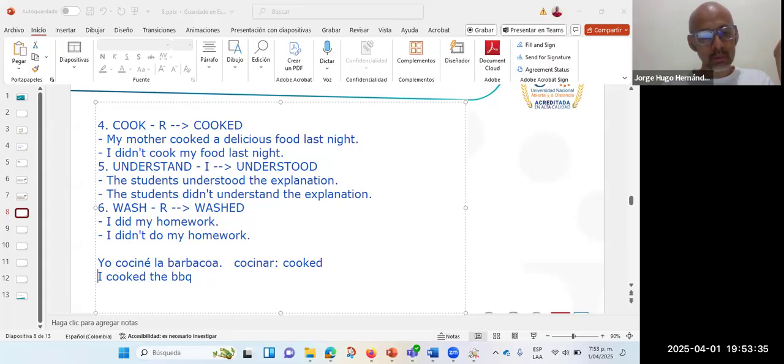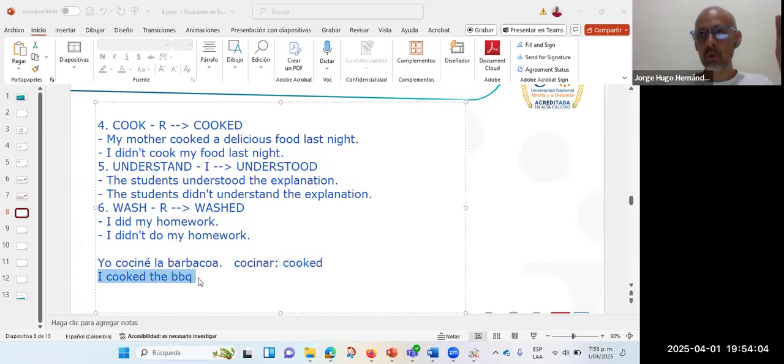Con el paso del tiempo, tiene que volverse algo muy mecánico. O sea, que yo haga esto en milésimas de segundo, yo ya ni siquiera me pongo a pensar si cocinar se dice cook, si es un verbo regular o irregular, porque eso me toma tiempo, sino que ya lo tengo dentro de mi chip, que cocinar es cook y que cook es un verbo regular, yo simplemente voy a decir I cooked the barbecue.